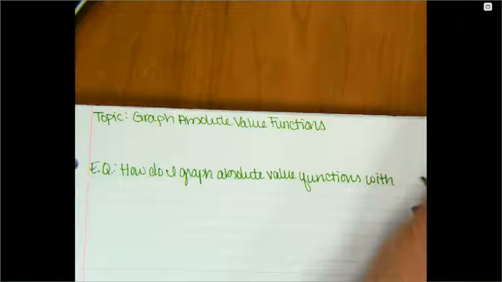A is positive, and a is negative. H is your horizontal shift. And k is your vertical shift.